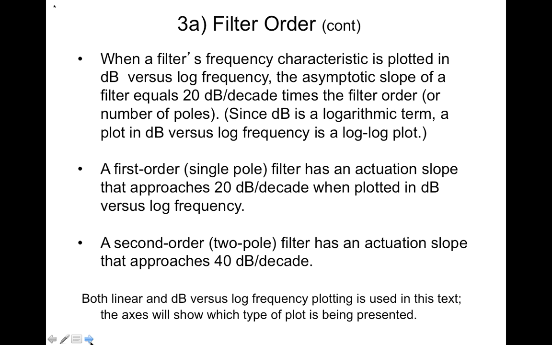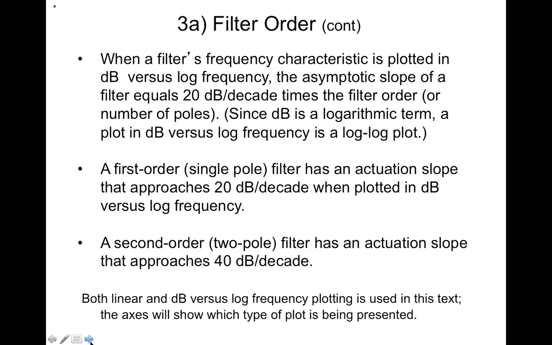So when a filter's frequency characteristics are plotted in dB versus the log of frequency, then the slope of that attenuation is 20 dB per decade times the filter order. So a first order filter would give you a 20 dB per decade attenuation. That means if you design your cutoff frequency to be at 100 Hertz, that you will be 20 dB, or one order of magnitude, lower at 1000 Hertz.